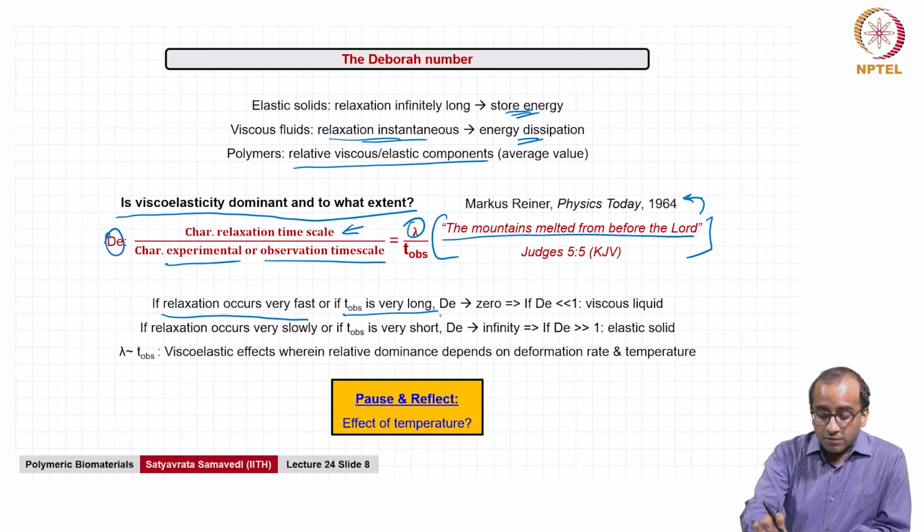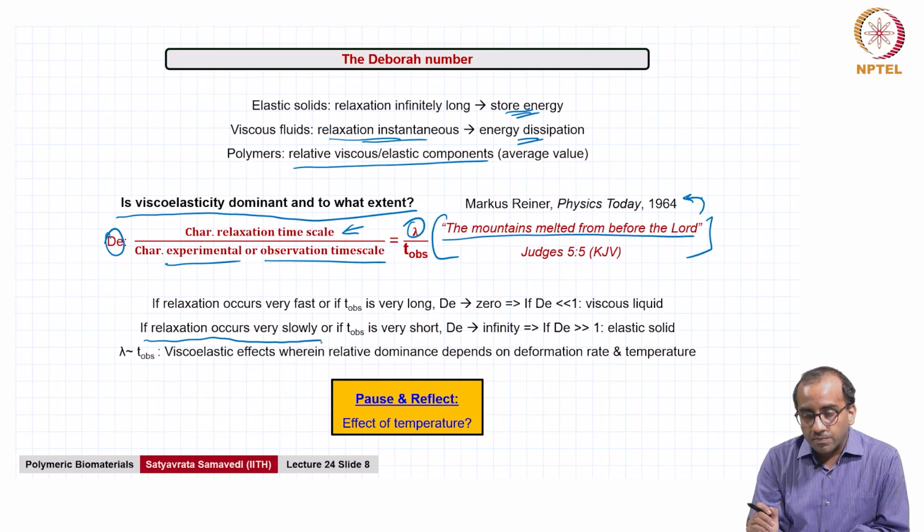In contrast, if you have relaxation that occurs very slowly, or if the time of observation is extremely short, then you get the Deborah number tending to infinity, or more practically, if the Deborah number is much greater than 1, you get more terminal elastic solid-like responses.